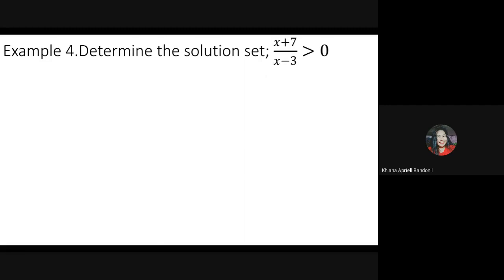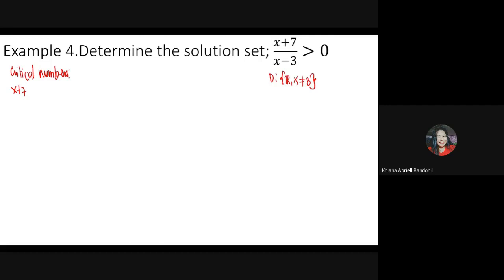Excuse me. So yung domain natin dito ay set of all real numbers such that x must not be equal to positive 3. You find the critical numbers. Critical numbers there are x plus 7. From John Mark is negative infinity to negative 7.